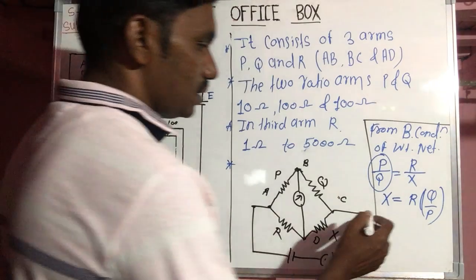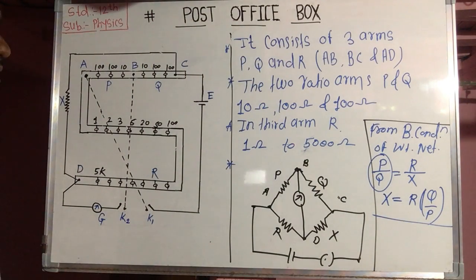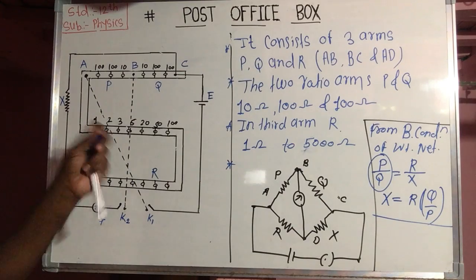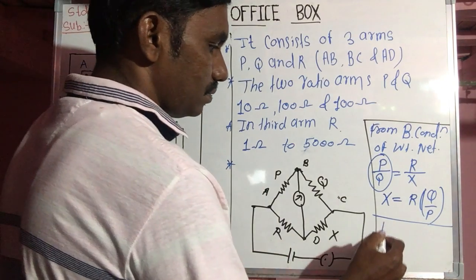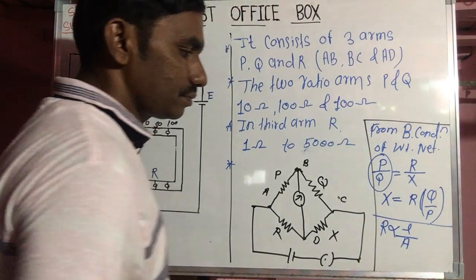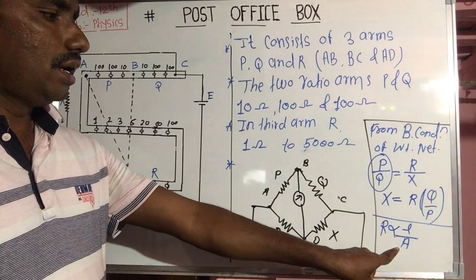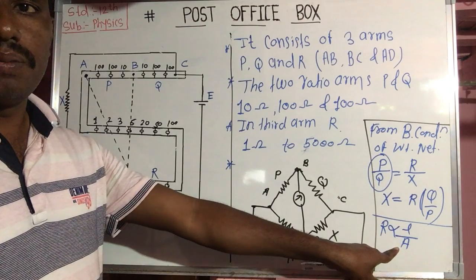Now the next equation. You know that the resistance of a wire depends on length and area of cross section. So R is directly proportional to the length of the wire and inversely proportional to the area of the wire.